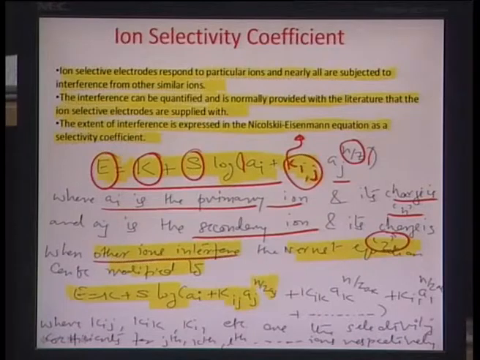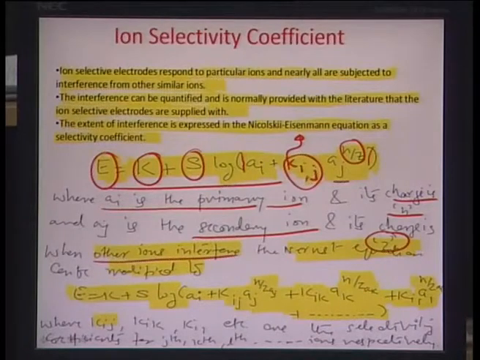Again, let me reiterate here: n is the charge or valency of the primary ion i of interest, zj is the charge or valency of the secondary, interfering ion j in this case, plus Kik Ak to the power of n by zk plus Kil Al to the power of n by zl, and so on and so forth until all the ions are covered. This is essentially an extension, with multiple terms of the same series that we showed before, for expressing the modified EMF in the presence of interfering ions.